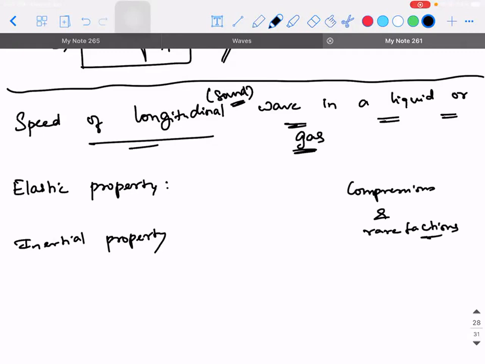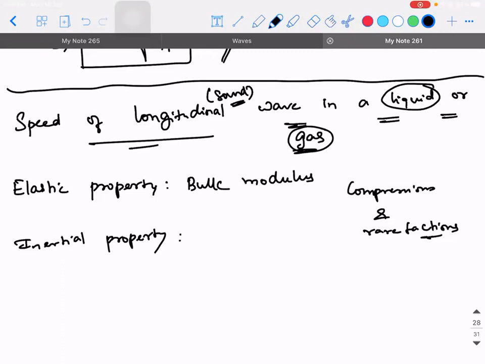So what is the elastic property defined for a longitudinal wave in a medium? The answer is very simple. When I talk about a liquid or a column, they need volume to be occupied. So the elastic property that defines the medium is bulk modulus. Okay, it is bulk modulus.